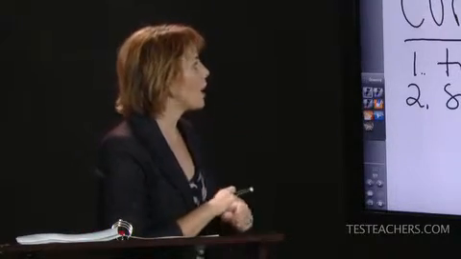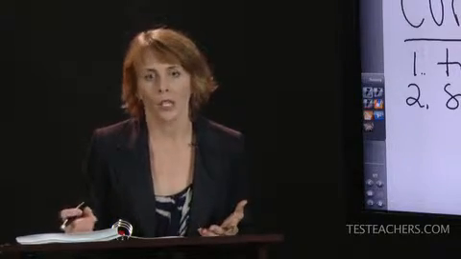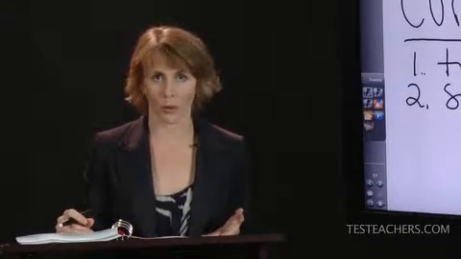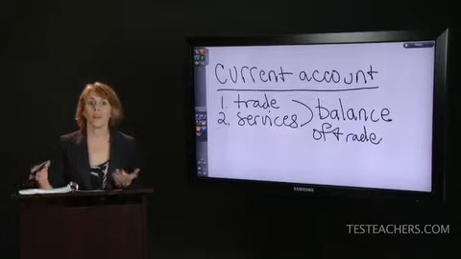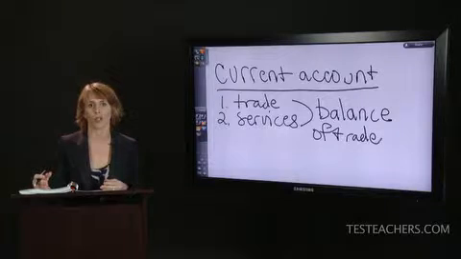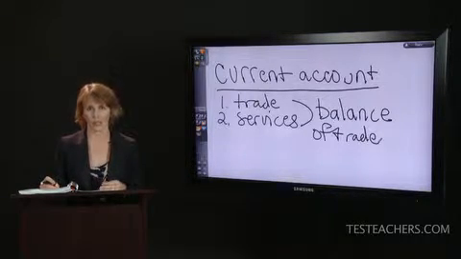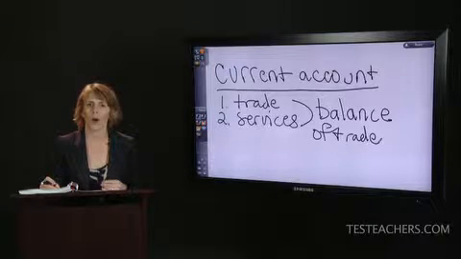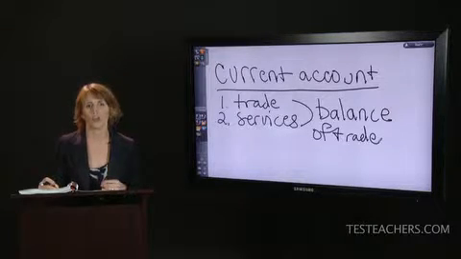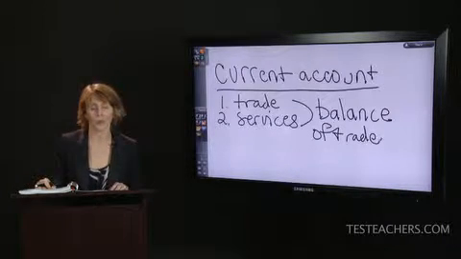So if we look at our imports and our exports, what do we do as a country? Do we import more or export more? We always import more, primarily because the goods that are produced in other countries are so much less expensive than the goods that we produce here domestically. Another reason why we always import more than we export has to do with the fact that we don't have that much oil.